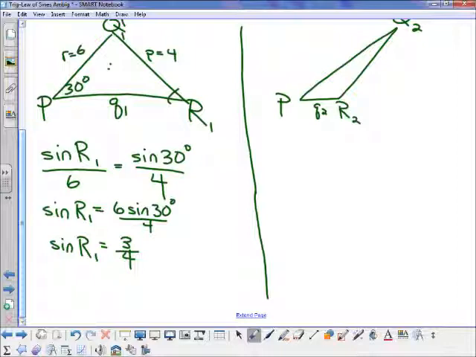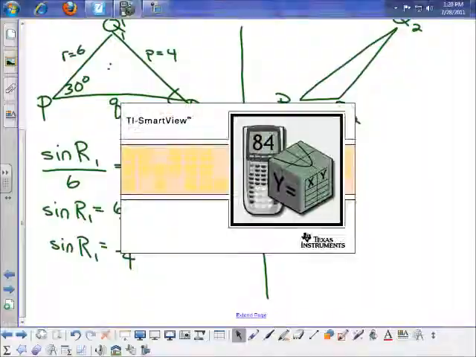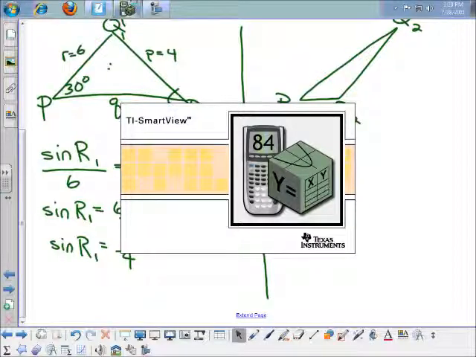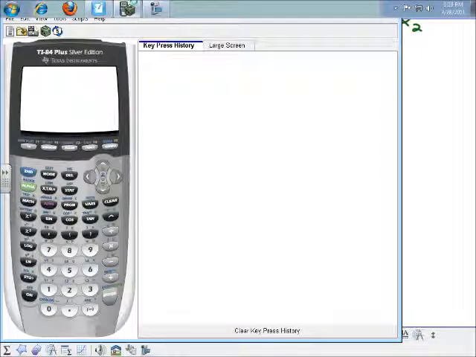That's not a nice ratio to know the angle, so I'm going to have to use inverse sine to calculate R1. Take a moment, pull out your calculators.